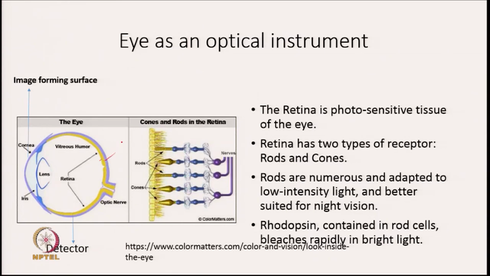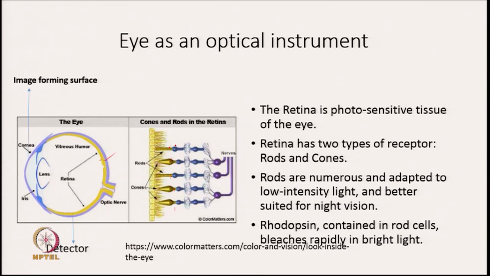The retina is the photosensitive tissue of the eye, and this retina has two types of receptors, rods and cones. You can see here these are the rods and these three are cones.